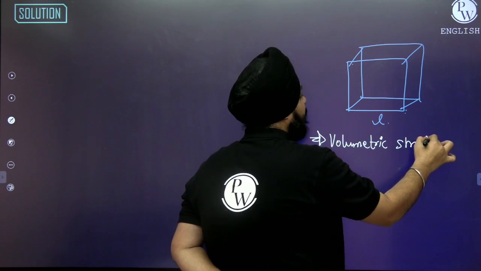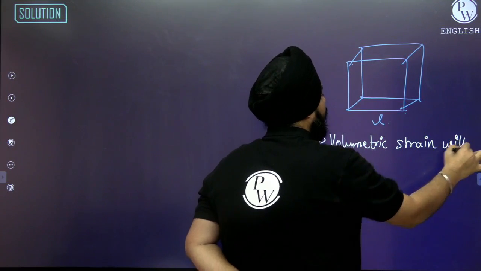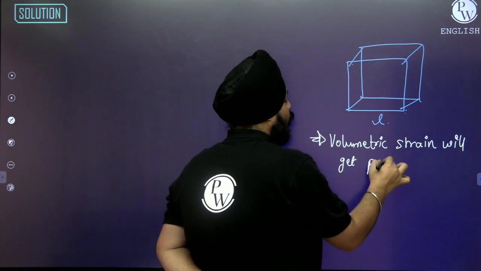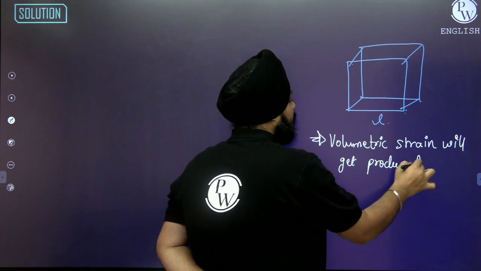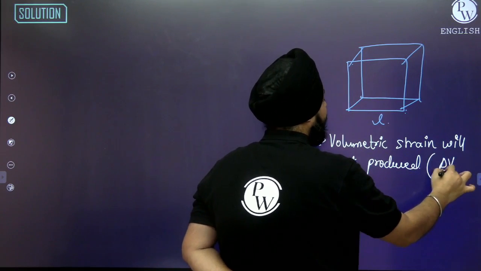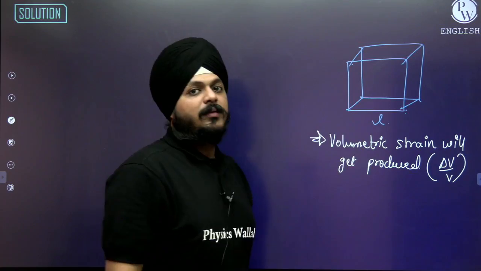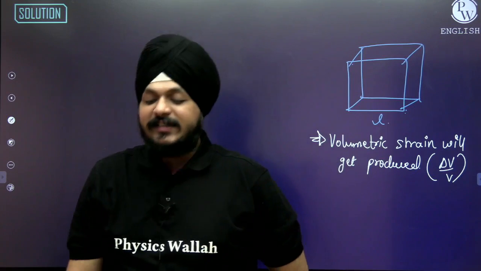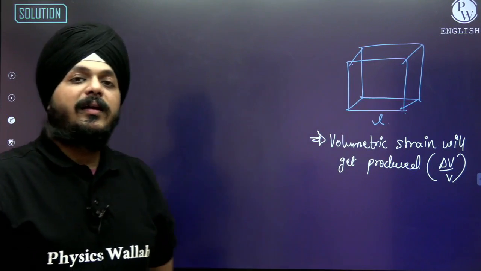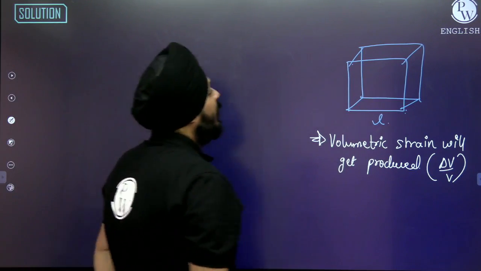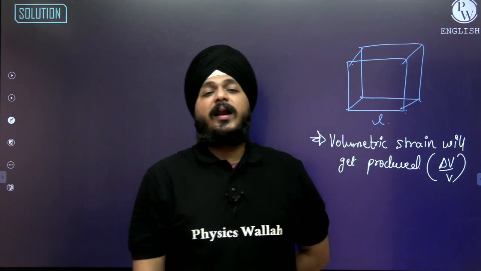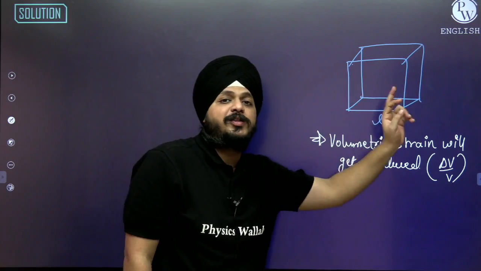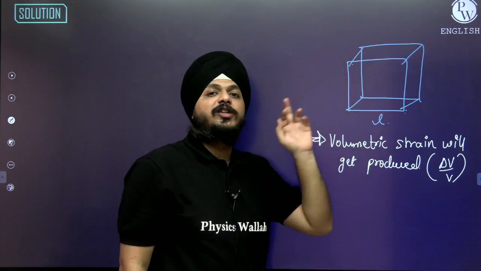volumetric strain will get produced, that we are defining as delta P, whatever the nature of the force by which it is getting compressed. We are not bounded by the source that applies a force, creates the pressure and tries to change the configuration of the cube.